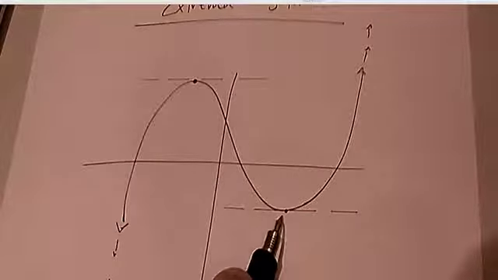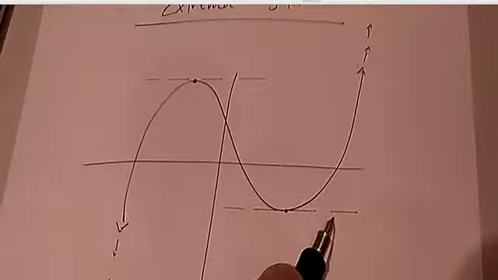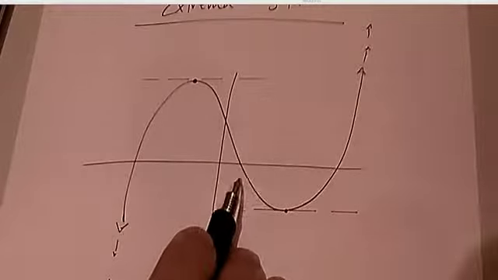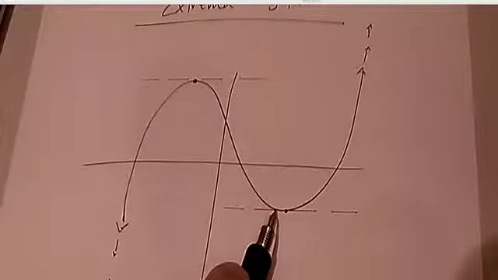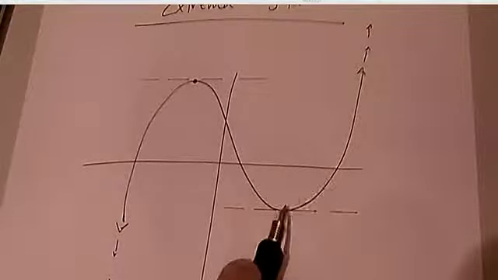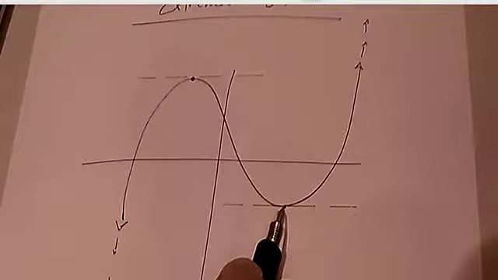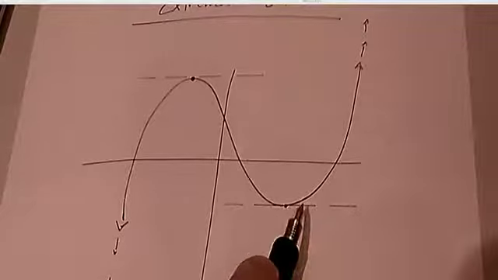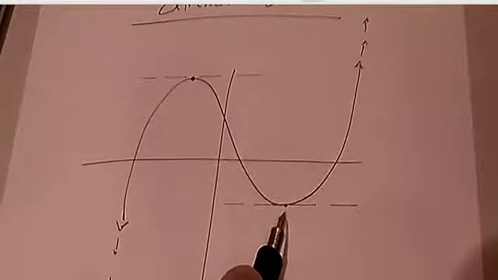Same thing down here. This minimum point is where the slope is zero, meaning where it has a horizontal tangent line, because at this point, the slope has ceased to be negative, and has started to be positive. But at the split second that we reach that minimum, I have a horizontal tangent line, and therefore I have a slope of zero.